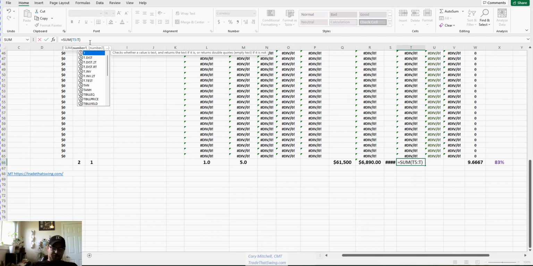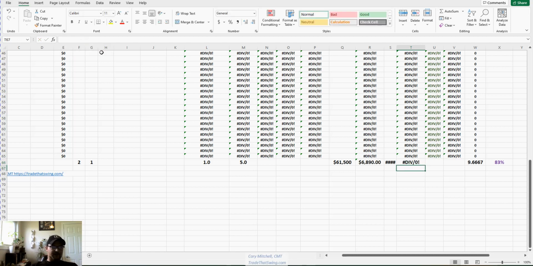Once you add more trades and maybe you're up to row 13, you can sum up all those trades that you have in, and you won't get an error because there will actually be data in there. But if we try to do that now, we'll just get an error, because there's no data there. So that's how we use those.